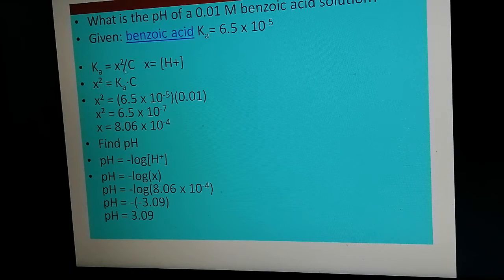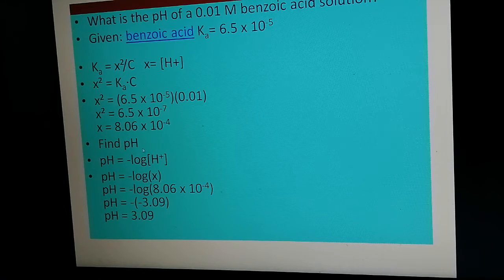X squared is equal to, cross multiplying, Ka into C. C is 0.01, and the value of Ka is 6.5 into 10 raised to minus 5. So we can calculate and find X, which is equivalent to H plus.